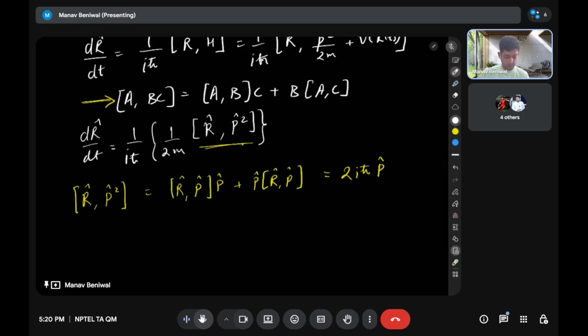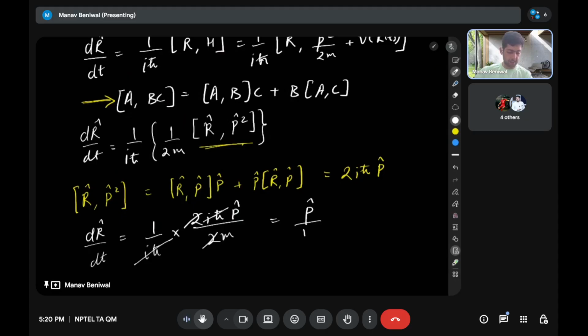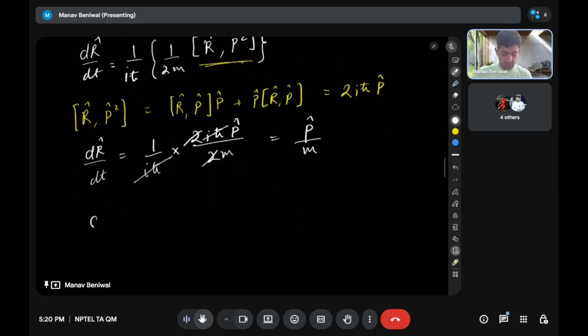So dr dt is 1 upon iota h cut into 2 iota h cut p over 2m. So this cancels out and this cancels out, and essentially finally dr dt is simply p by m.